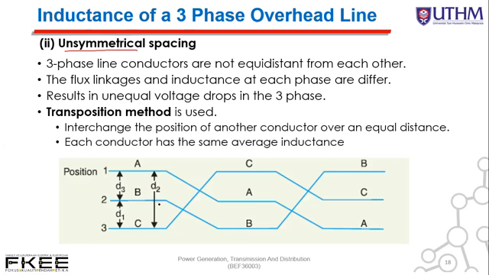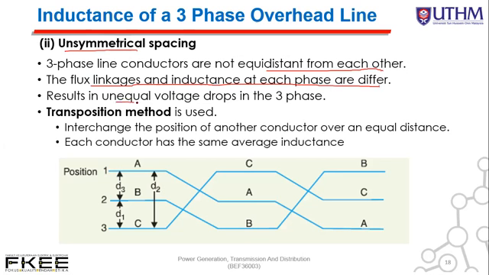So the spacing is unsymmetrical and the distances are not the same. In the case of a three-phase line where conductors are not equidistant from each other, the flux linkage and inductance of each phase also differ.